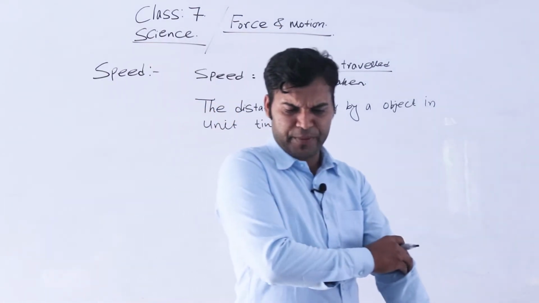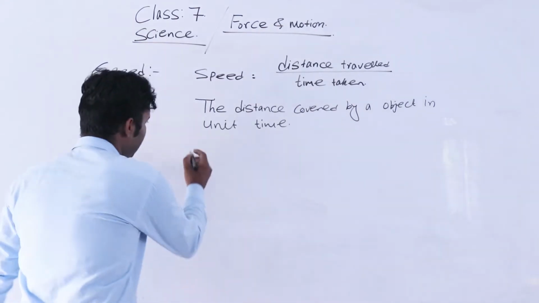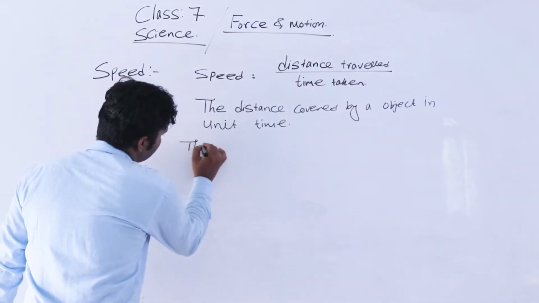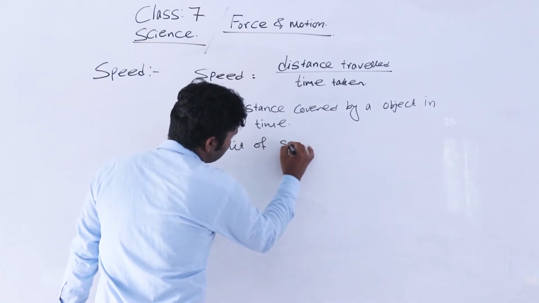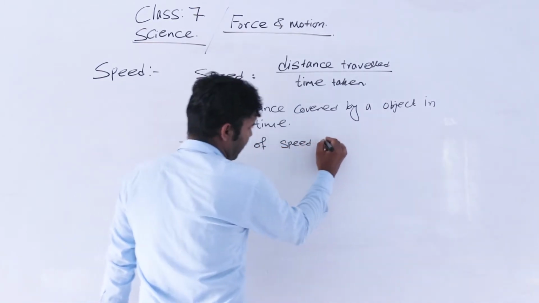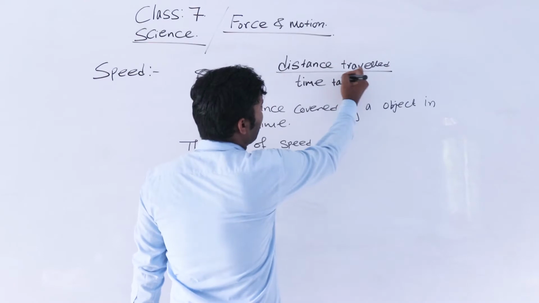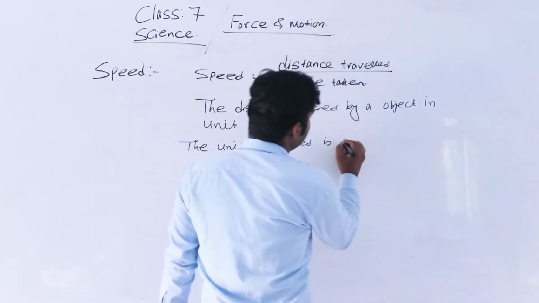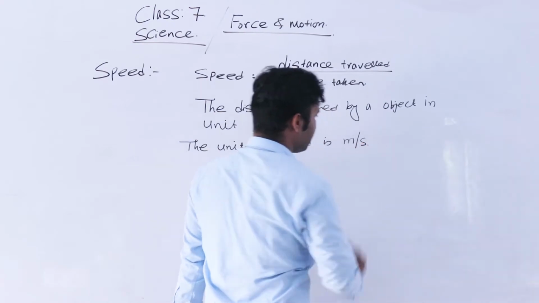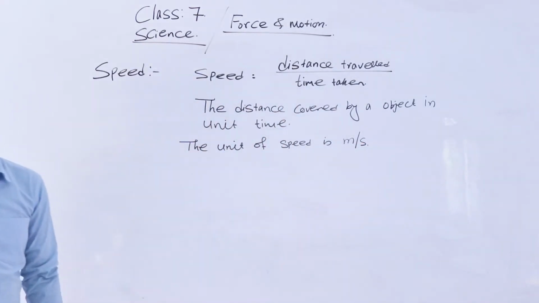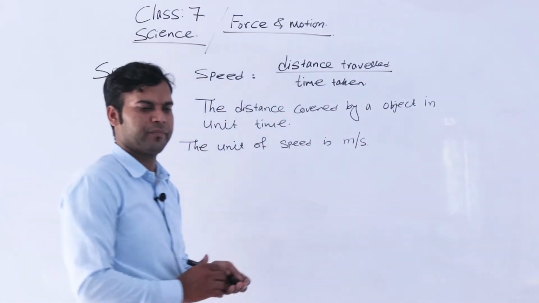The unit of speed: the unit of distance travelled is meter and the unit of time is second. Meter per second, isn't it? Okay.